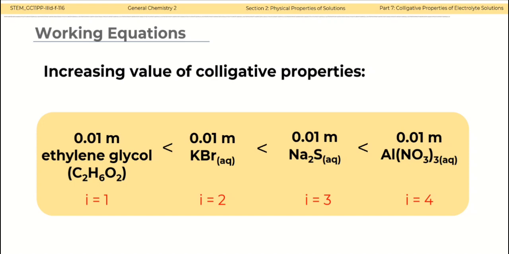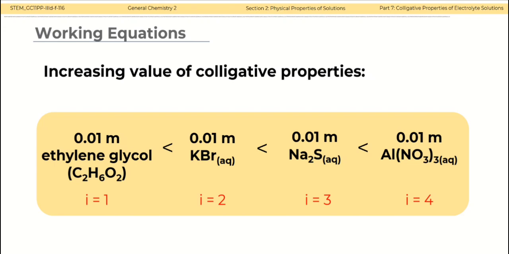Consider aqueous solutions of ethylene glycol, potassium bromide, sodium sulfide, and aluminum nitrate, whose concentrations are 0.01 molal. Since ethylene glycol is a non-electrolyte, i equals 1, thus it has the lowest colligative properties.